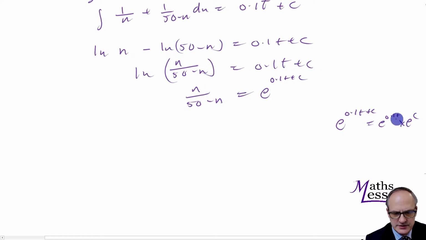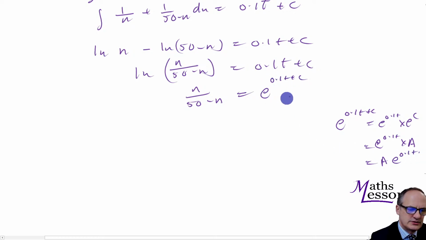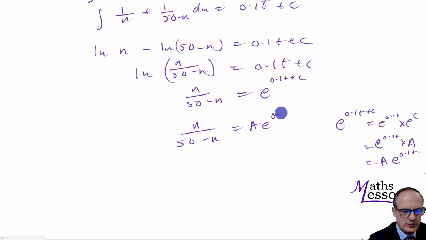Remember, if you're timesing 2 powers, these two things, you add the powers to get that. Now, e to the c is just another constant. We could call that a. So we've got e to the 0.1t times a, which equals a e to the 0.1t. So I'm just going to replace all of this with a e to the 0.1t, where a is a constant.